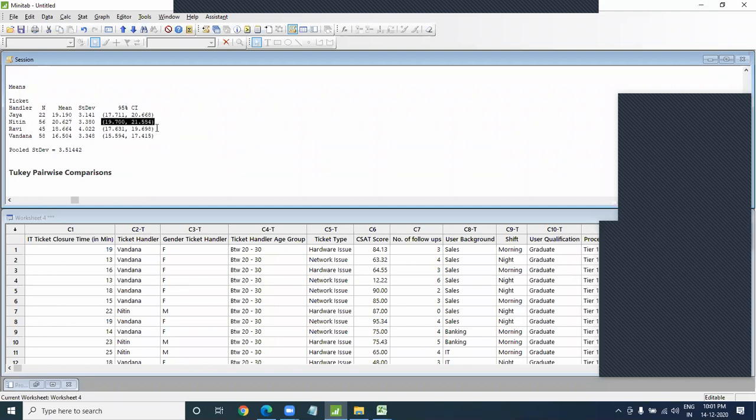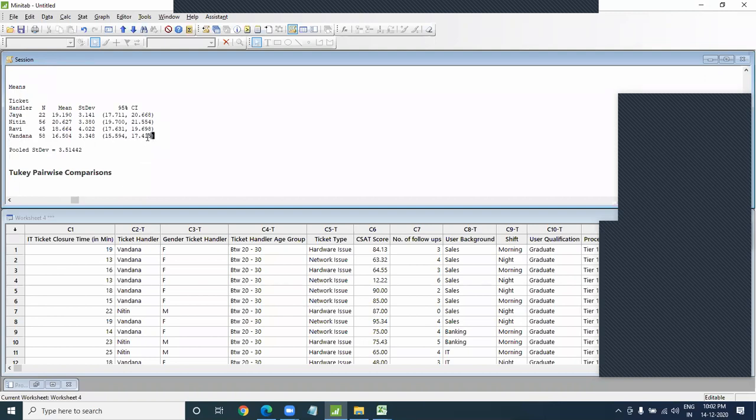At the same rate, we can conclude the ticket closure time for Nitin ranges from 19.7 to 21.5. In the case of Ravi, you've got 45 values with an average of 18.66, and the ticket closure time will range between 17.6 and 19.69. Vandana has 58 samples with an average of 16.5, and her ticket closure time will range between 15.5 and 17.4. Look at her.